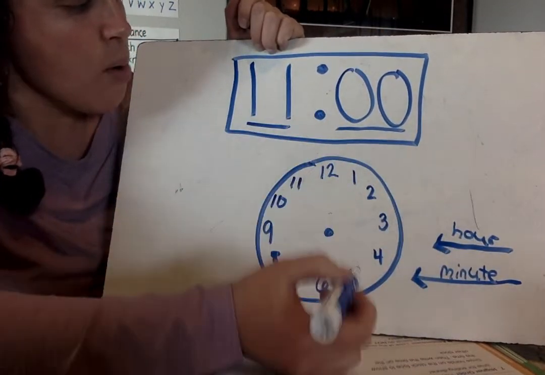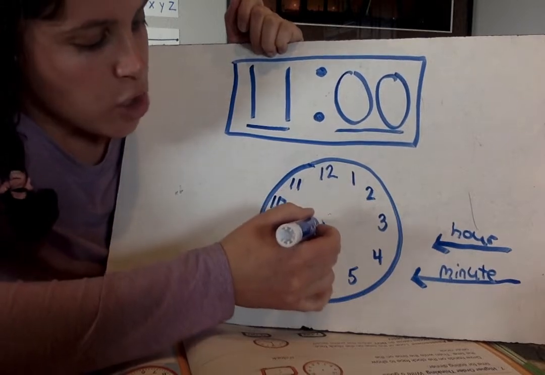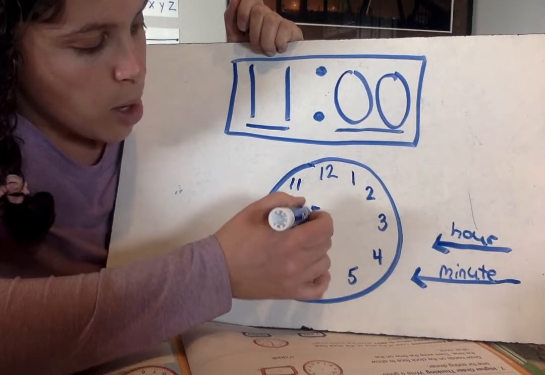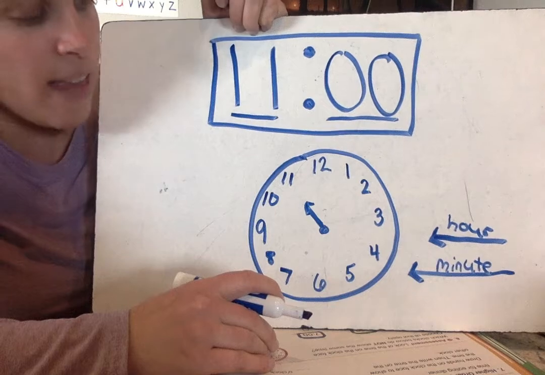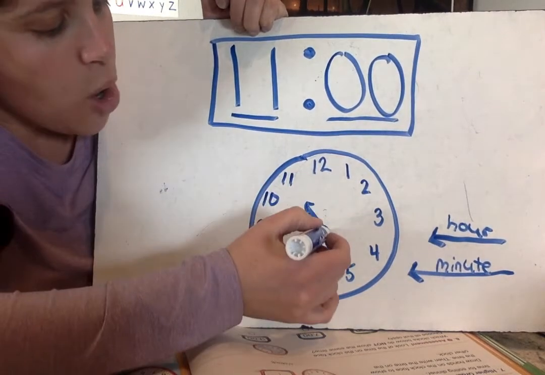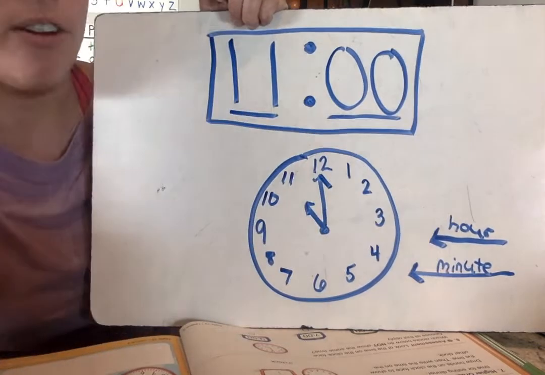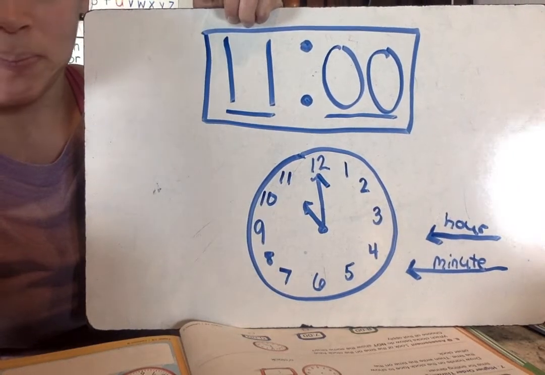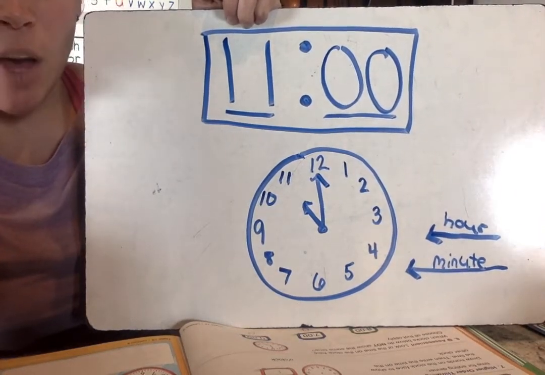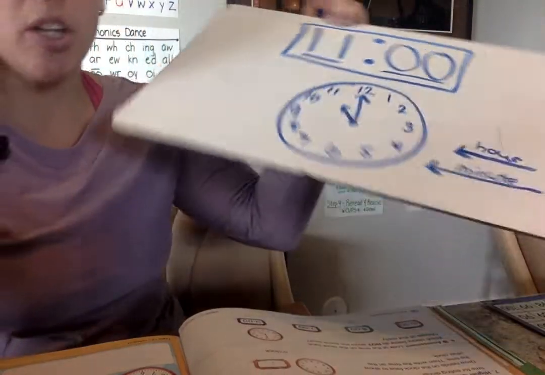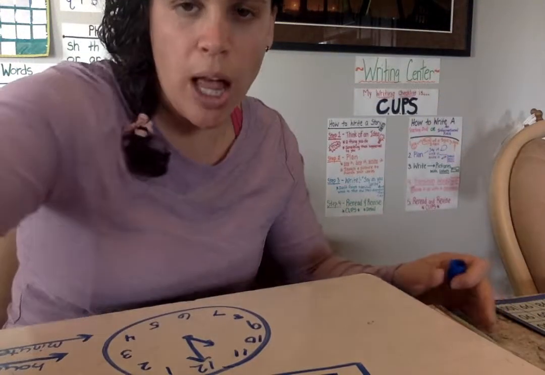So you're going to start, the hour is 11. You're going to draw your hour hand pointing to the 11, and then o'clock, it's always going to be pointing to the 12 when it's o'clock, on the hour. Okay, no minutes have gone by yet. So that's just a quick little review about o'clock.